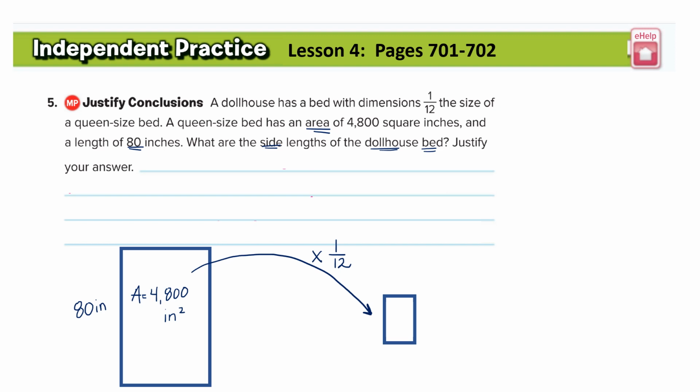So let's work with the queen size bed first. I'm going to use this color blue to indicate that. So area equals the base times the height. So 4,800 inches squared equals the base times 80 inches.